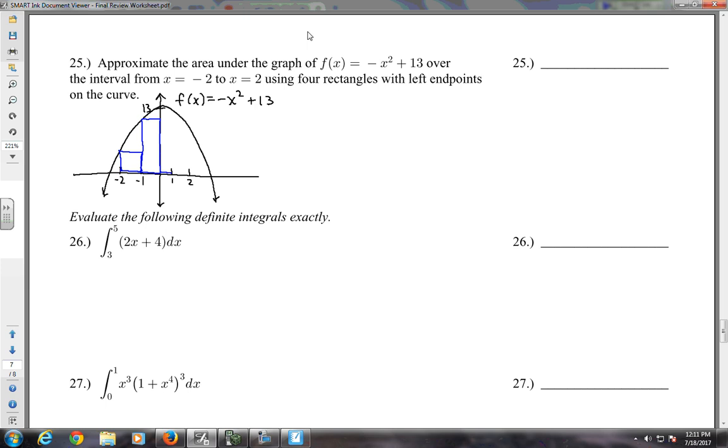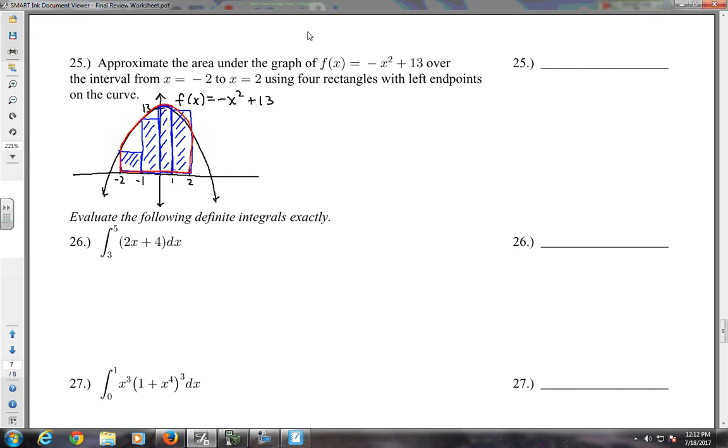I continue this process until I have my 4 rectangles. My scale wasn't exactly perfect there. So the area of each rectangle added together is going to approximate the area between this parabola and the x-axis from negative 2 to 2.